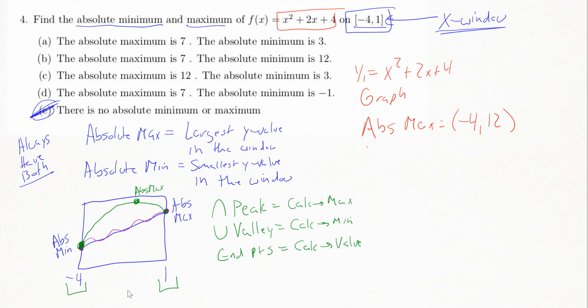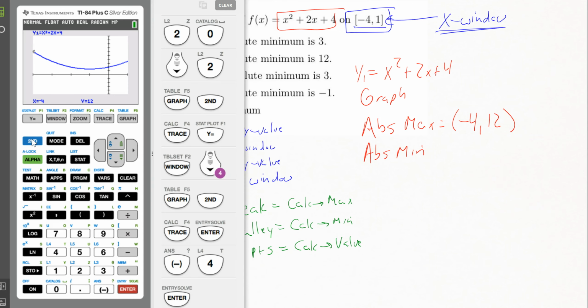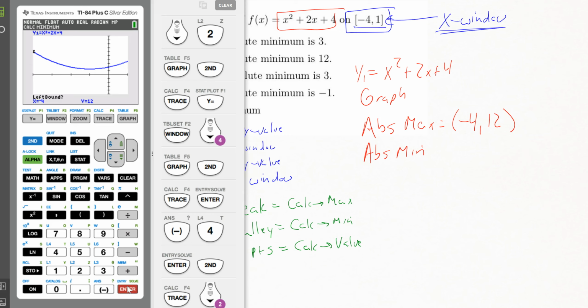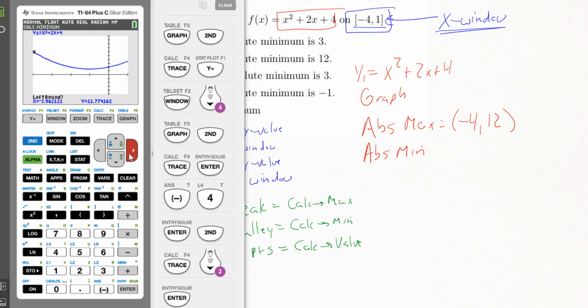Now I come in to find my absolute min. We saw that that was happening at a valley for us. So in this situation, when it's happening at a valley, we would do a second calc and choose number 3 minimum. It's going to ask us 3 questions. The first thing it's going to say is find a point to the left of the minimum. So scroll anywhere to the left of the minimum and hit enter.